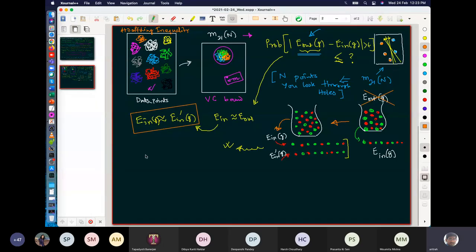With these two intuitions, what happens exactly, the proof comes in this way. The outcome of the proof says that the probability of E_out(g) and E_in(g) differing by more than epsilon is bounded; this is basically not m, that the m directly do not replace by m_H.